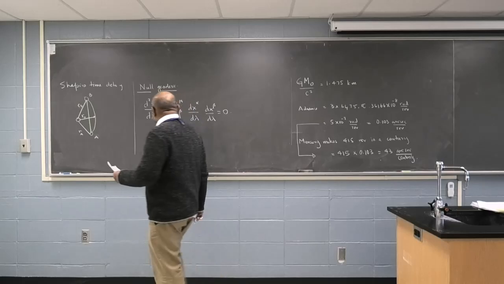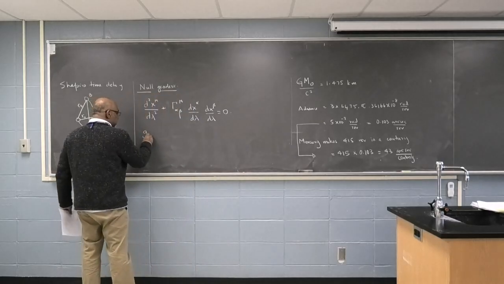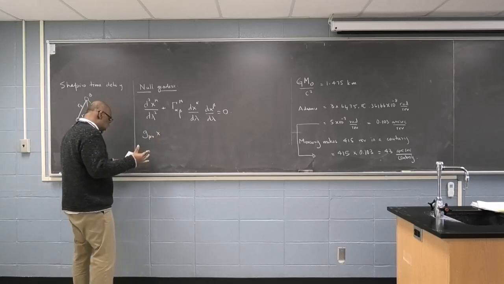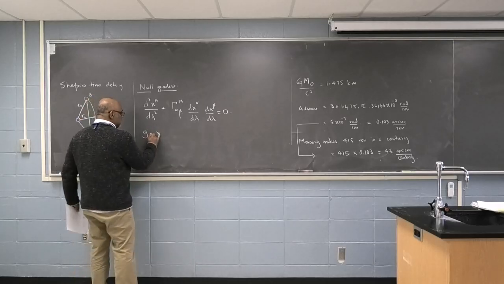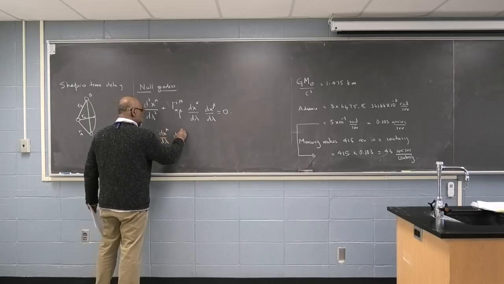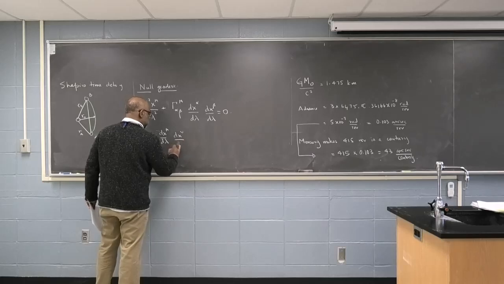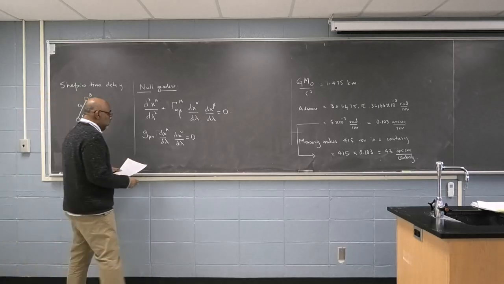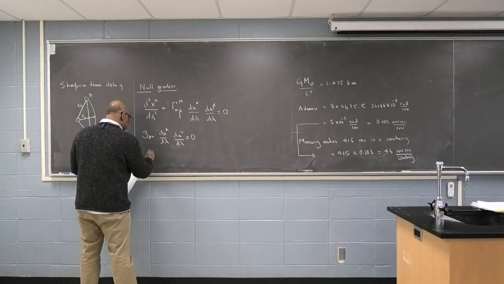And on the other hand, g mu nu is equal to this. And so, instead of minus c squared, I would have 0.